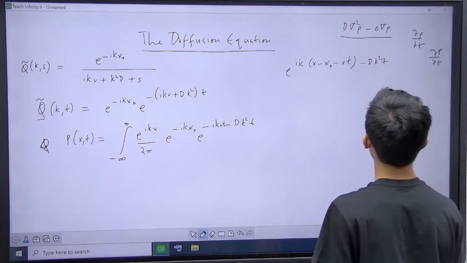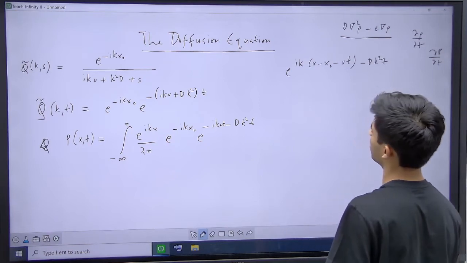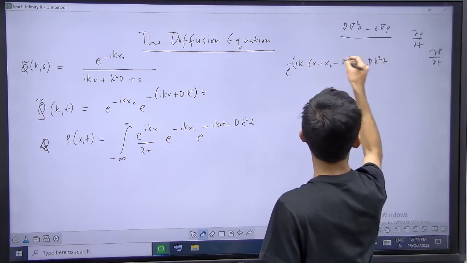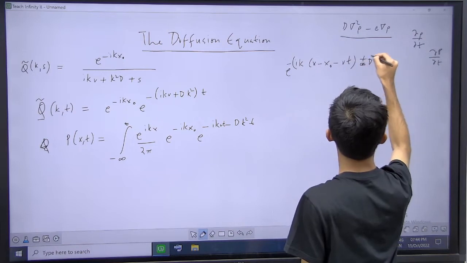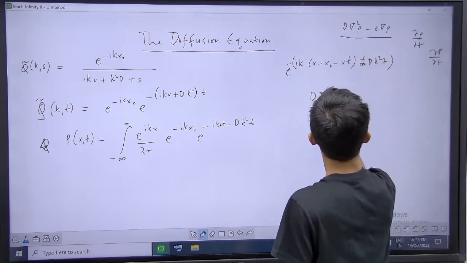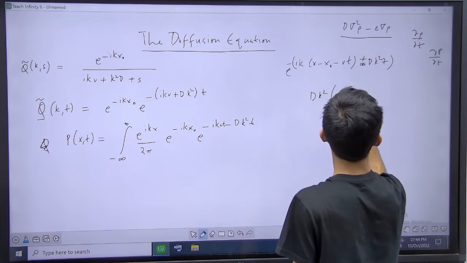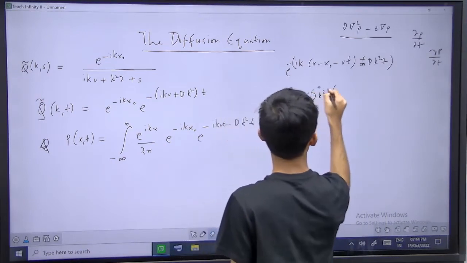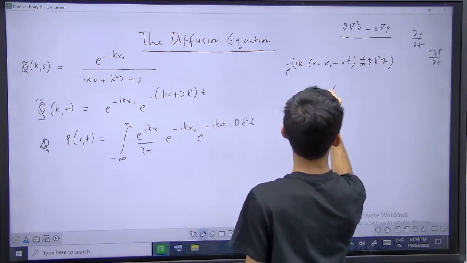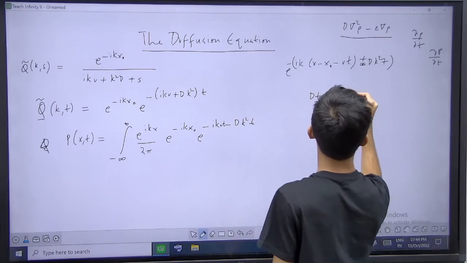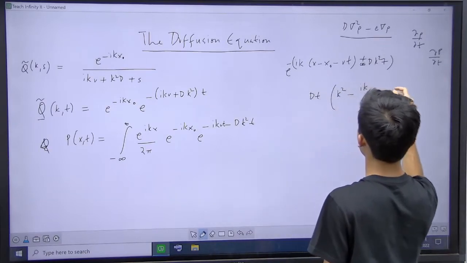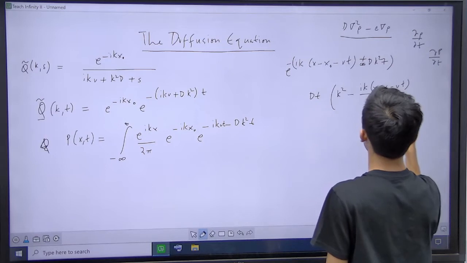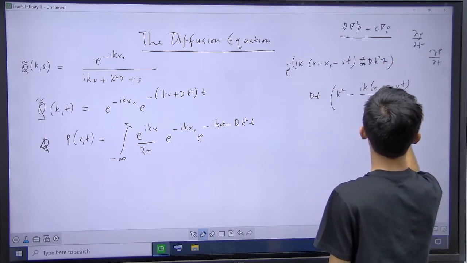And now we simply complete the square. So I want this minus to be here, so I will write it as plus. Okay. So dt comes out, dt and k square minus ik x minus x naught minus dt over dt, correct?